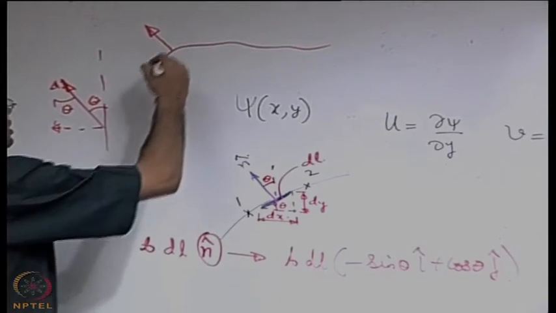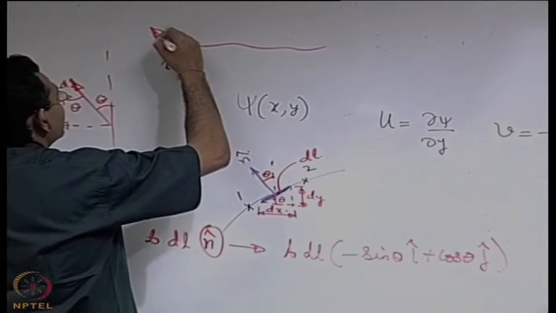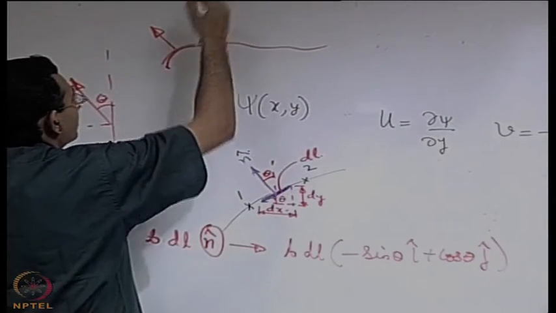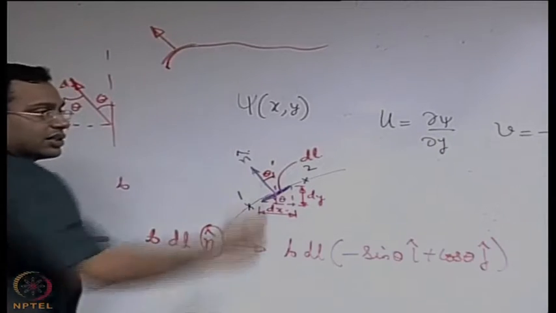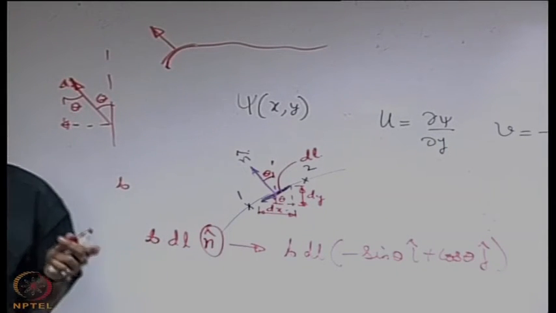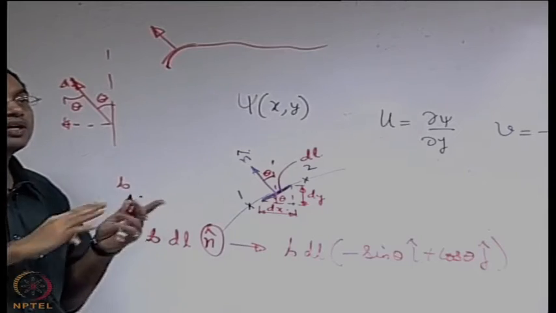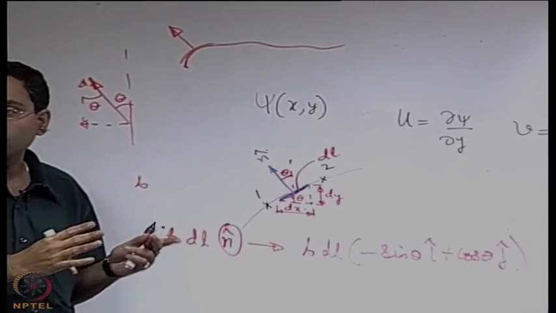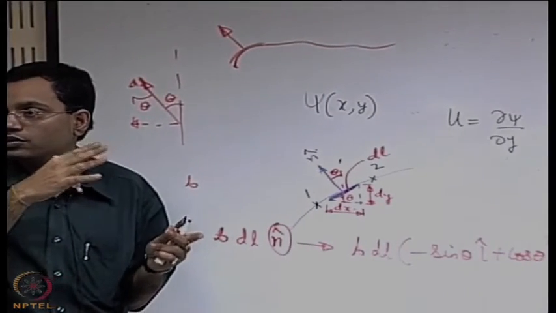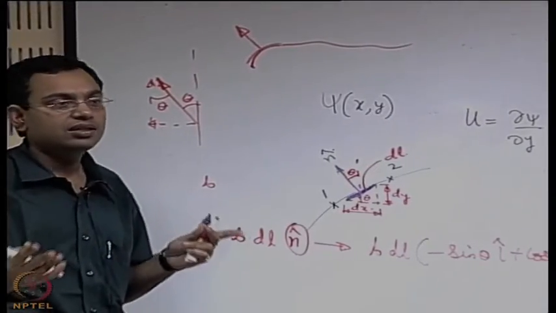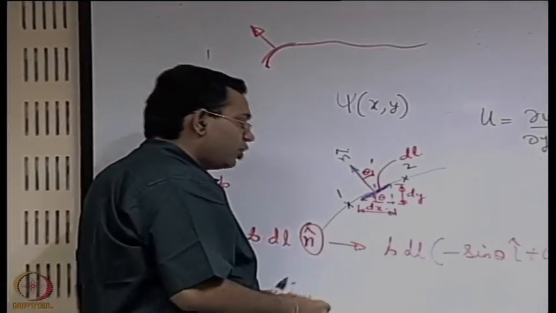So, if this is an area and the velocity vector may be arbitrarily oriented, but its component normal to the direction of the area is what is only important. That means the dot product will give the component along that direction. So, the dot product of the velocity with the area vector will give the component of velocity along the area vector. Area vector means area normal. So, the product of that will give the volume flow rate.